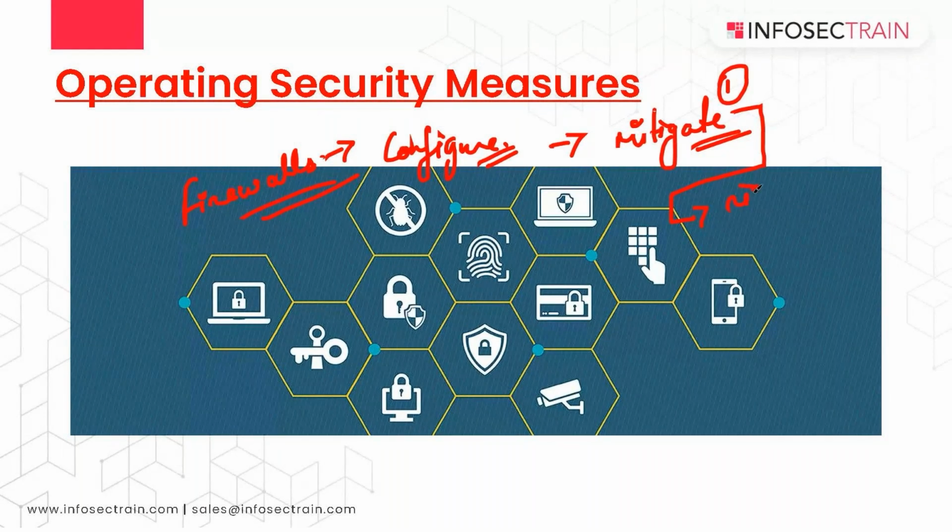So we have to configure our firewalls and our antivirus systems in the correct way. Our firewalls block unauthorized network access. We can have antivirus systems, which help us detect and remove malware.